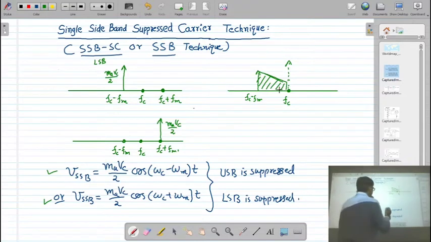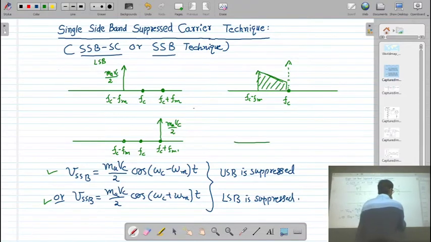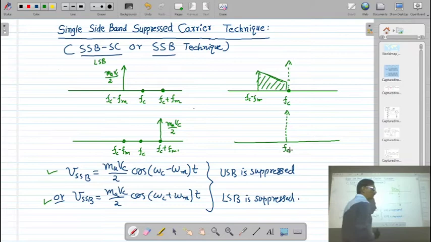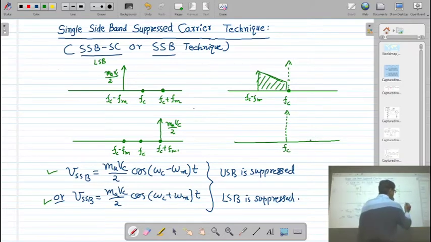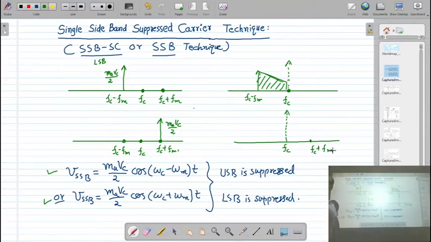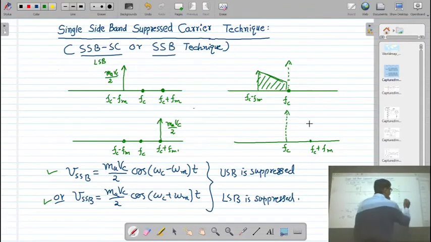Okay? And if we draw this for the upper sideband, then again we represent the carrier with the dotted line, and somewhere here we have the maximum frequency Fc plus Fm. The upper sideband is there, and a number of frequencies present in the modulating signal.